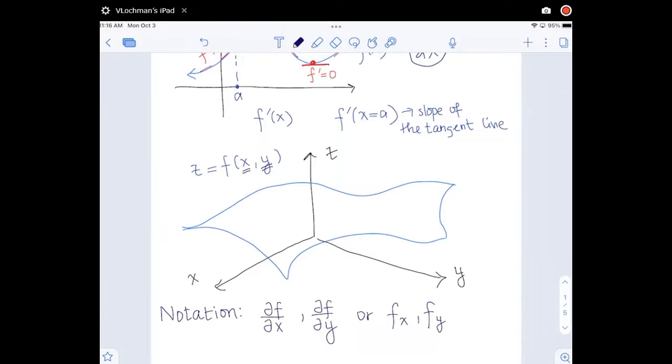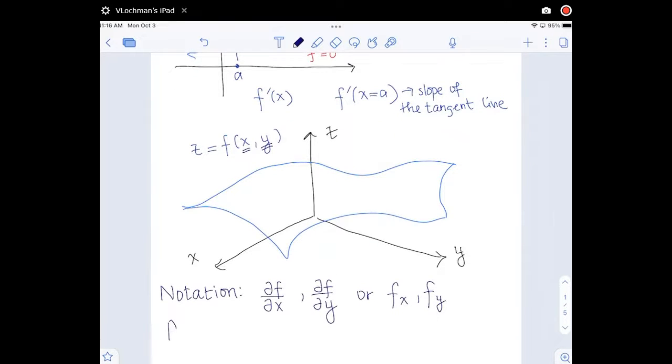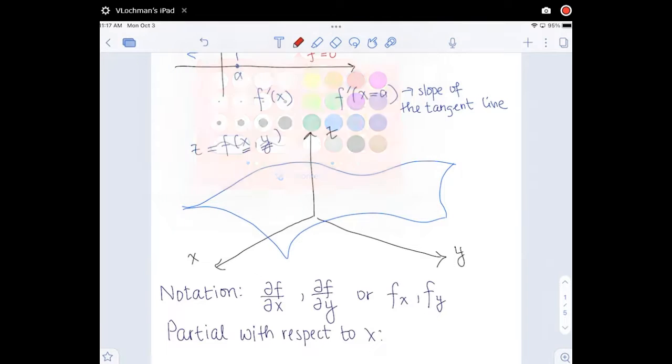If I want to compute the partial with respect to x, what does that mean? That means we're going to hold y constant.